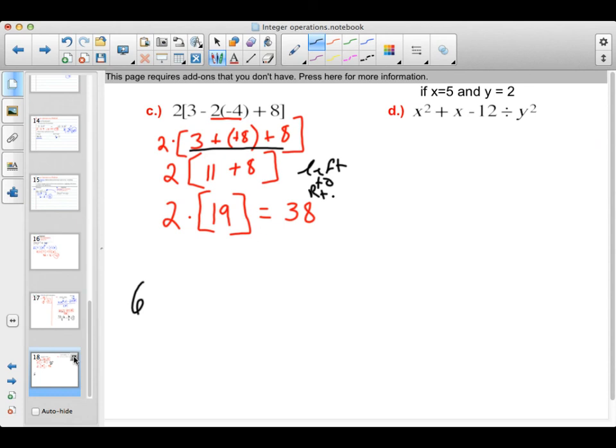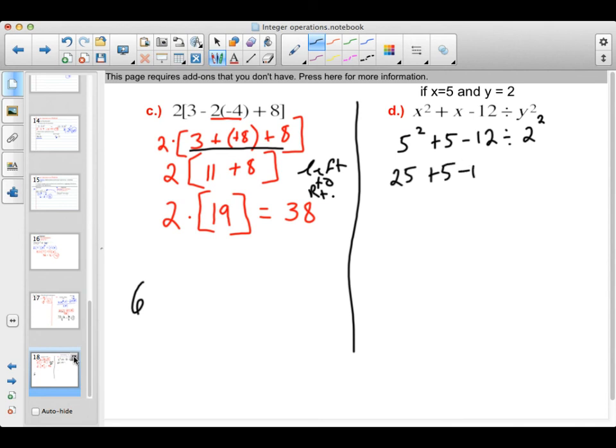For letter D, if you did this one, x squared plus x minus 12 divided by y squared. Again, substitute the numbers first. We've got 5 to the second power plus 5 minus 12 divided by y squared. Y squared is 2 raised to the second power. Start with your exponents. 5 to the second is 25 plus 5 minus 12 divided by 2 to the second power. 2 times 2, which is 4.